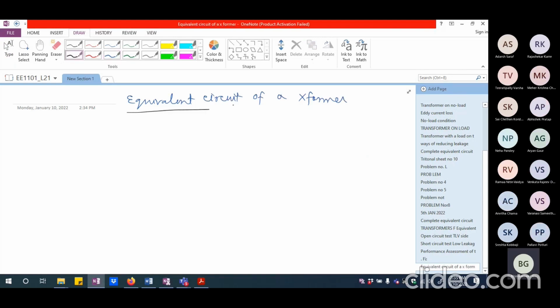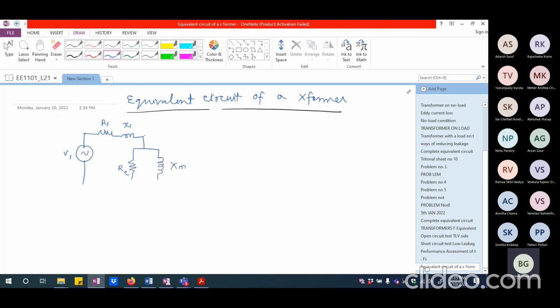We said that we are going to have a single phase voltage, maybe V1, applied to the primary side, and we are looking at R1, X1, and the no load parameters, which are, let us say, R0 or RC. Generally we call this RC and we call this XM.